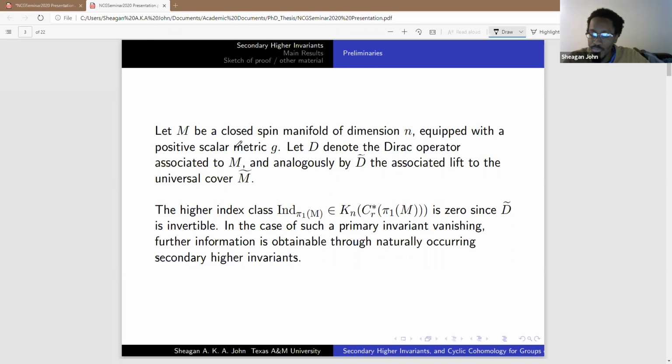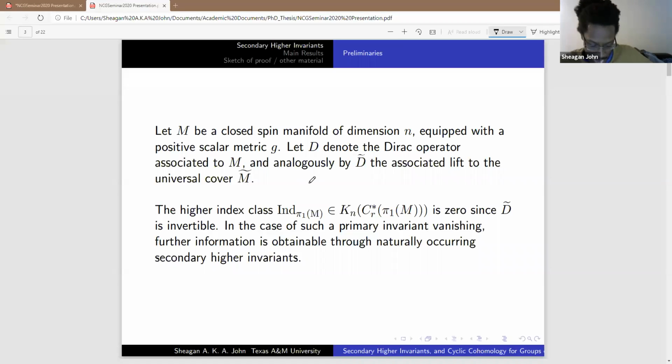Now, since we have a positive scalar curvature metric, the Lichnerowicz formula tells us that our higher index class is going to be 0, since it means we have our lifted Dirac operator being invertible. Now, in such a case, when we have a vanishing of this primary invariant, we can still obtain much more subtle topological and geometrical information through some secondary higher invariants.